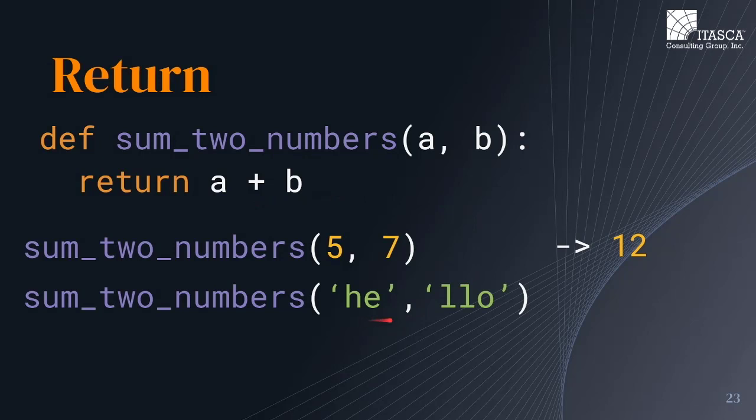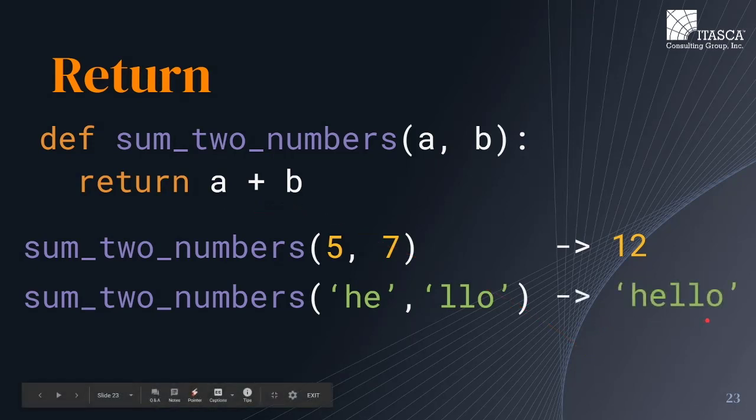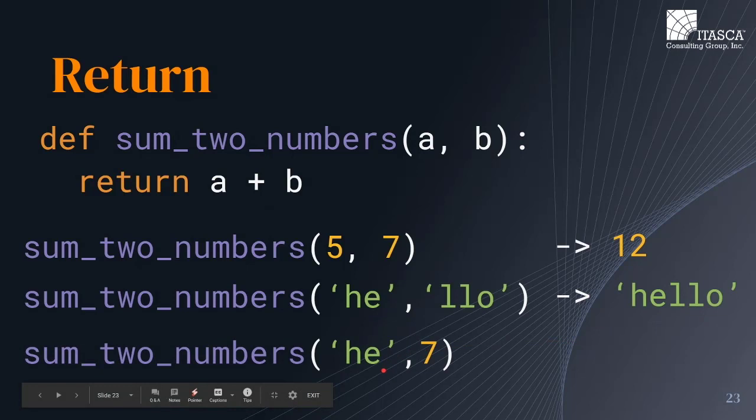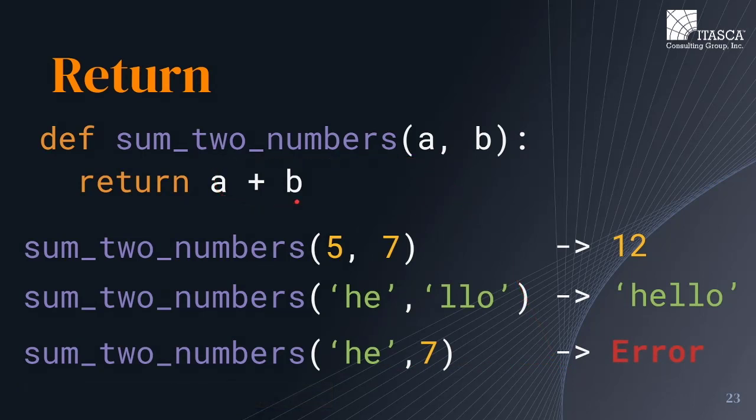However, you can pass in strings, and because string concatenation is available within Python, this will work and will return hello. But if you pass in values of different types, this will cause an error and cause the program to crash, because Python does not know how to add a string to a number. So that's just one thing to be careful of when creating and calling your own functions, that you are passing the appropriate data type to what the function expects.